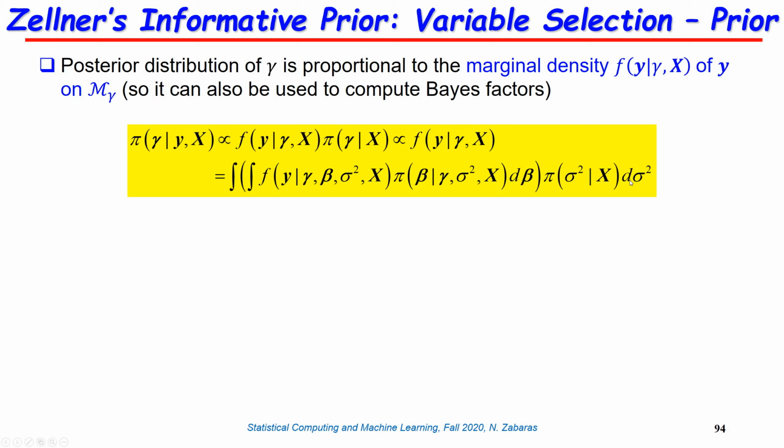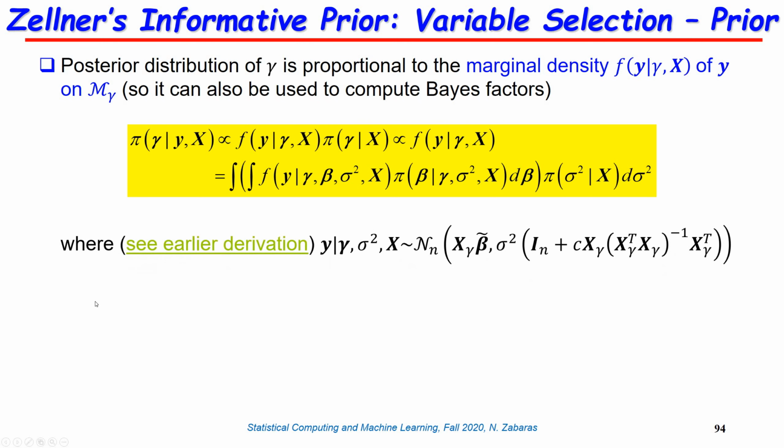And if you want the expression analytically, this is basically the likelihood, if you knew gamma and the parameters, times again the prior given gamma. So this is really the prior for that gamma model. And then, of course, we have a prior on sigma squared that we take to be the same for all models.